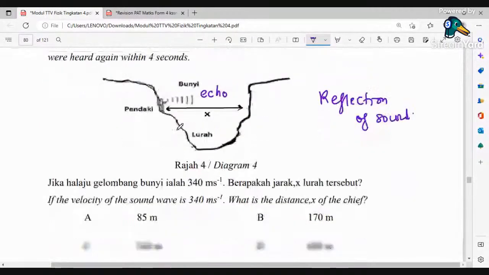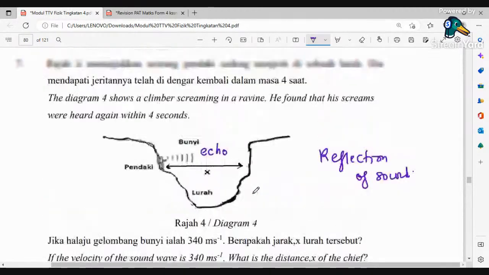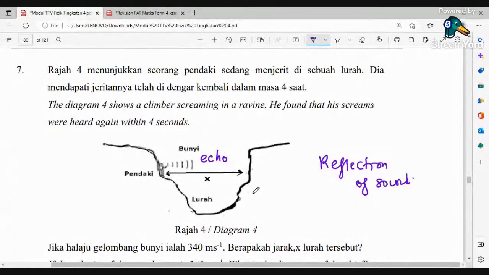If the velocity of sound wave is 340 meters per second, what is distance x? Given 4 seconds.